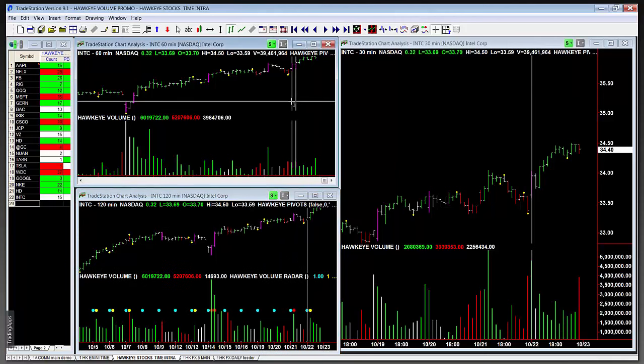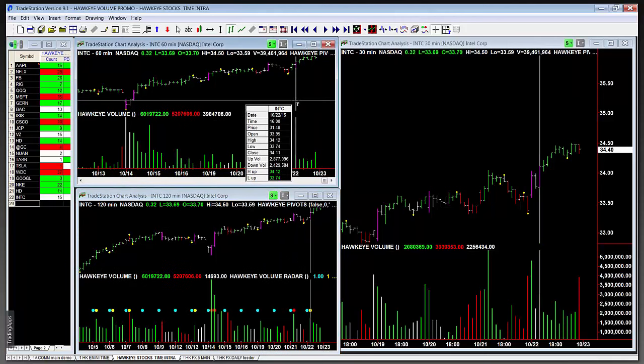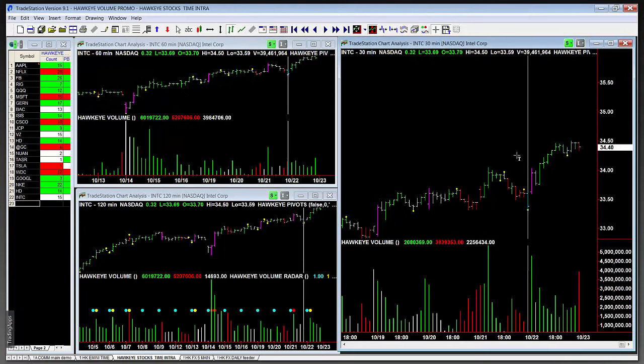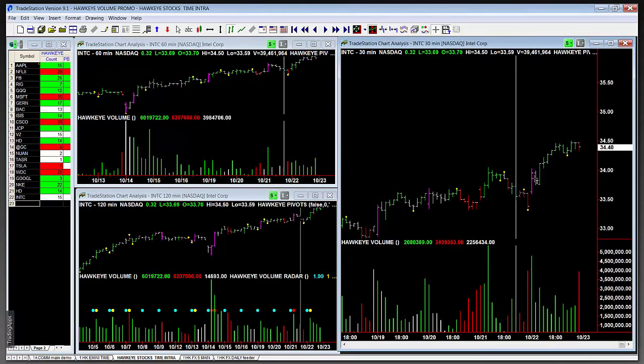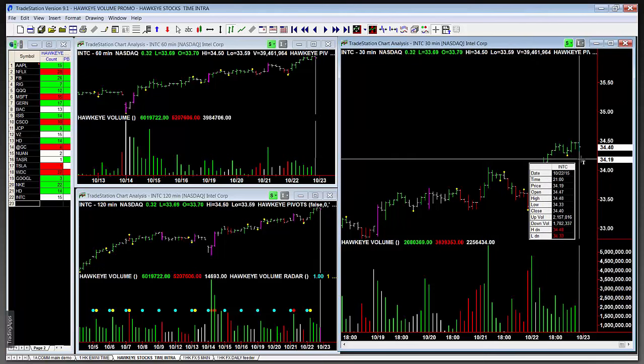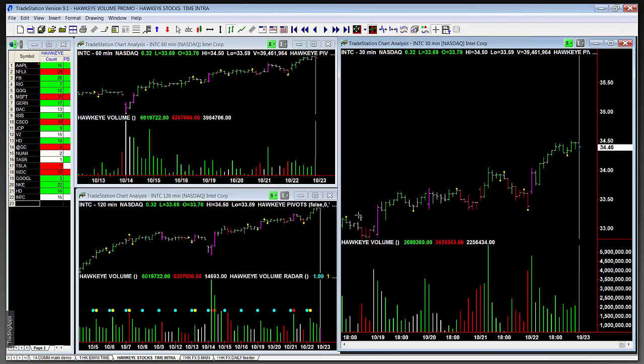That also corresponded with what happened here on the 60-minute, and here's the breakout. There's the white bar there, the magenta, there's the close back inside, there's the close outside. What did I say? When it closes outside of a wide bar, it's showing great strength, and boom, up it goes. But right at the end of the day, there was some profit target taking on the 30 minutes.